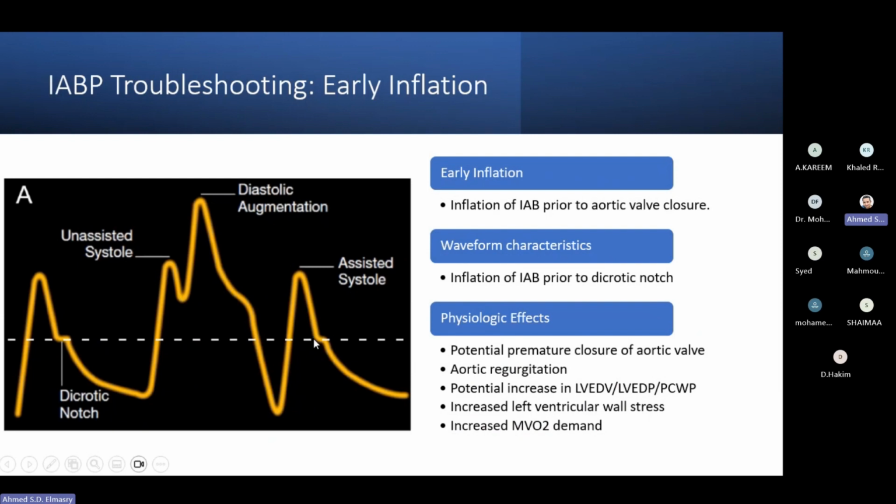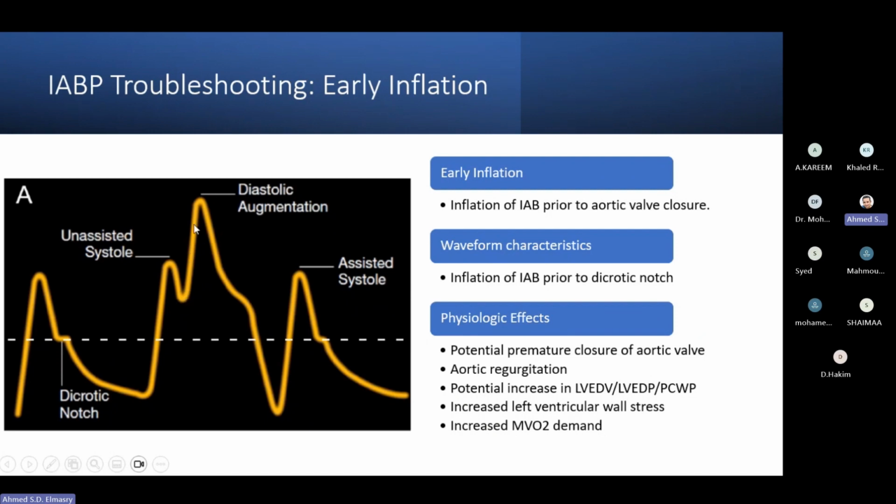That means what? At this point, the aortic valve is still closed, but at this point, the aortic valve is still open. So the diastolic augmentation happened during the systolic phase where the aortic valve is still open. So what will be the consequences?